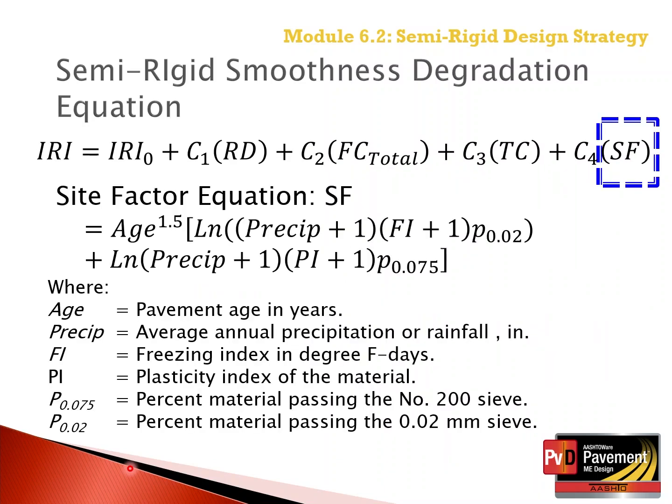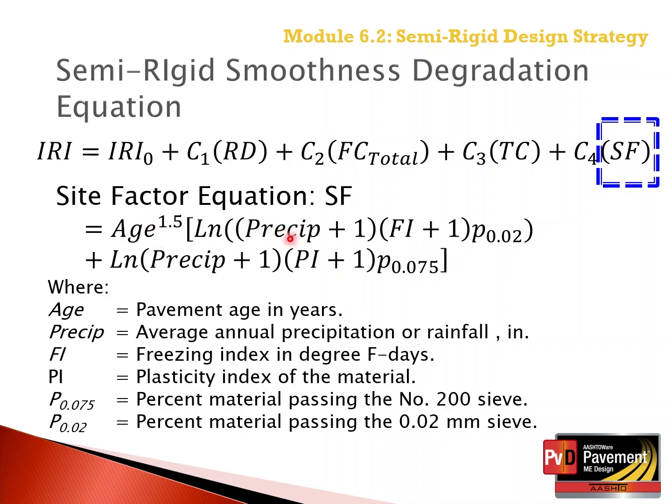The site factor variable of the smoothness degradation equation for semi-rigid pavements is shown on this slide and is basically the same as for flexible pavements. So the age is simply the age in years.